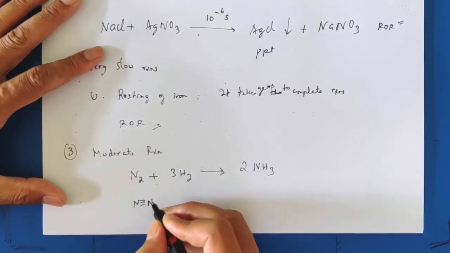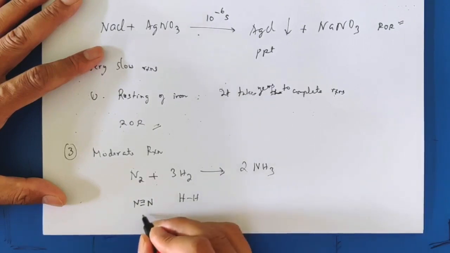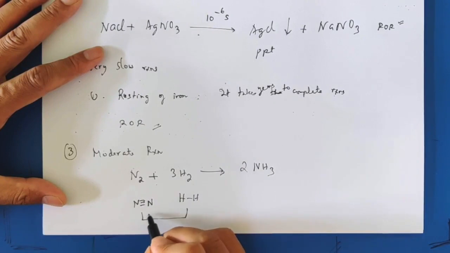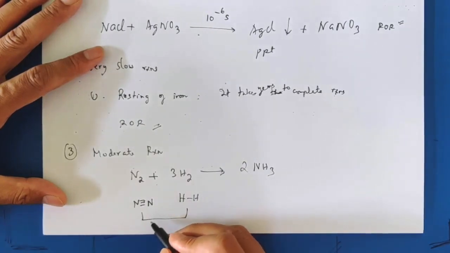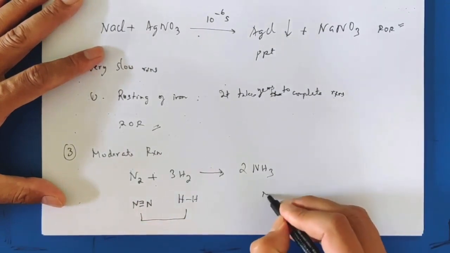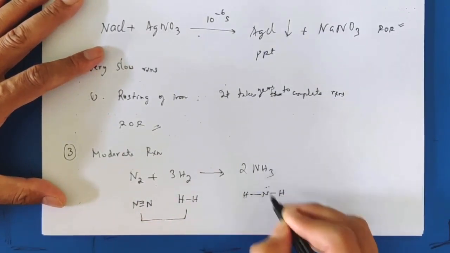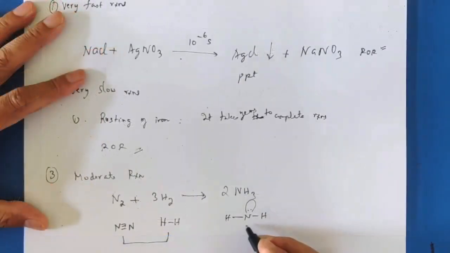Mechanism: nitrogen has a triple bond, hydrogen has a single bond. These bonds have to break, and then they form NH3 like this. So we have bond breaking and bond forming.